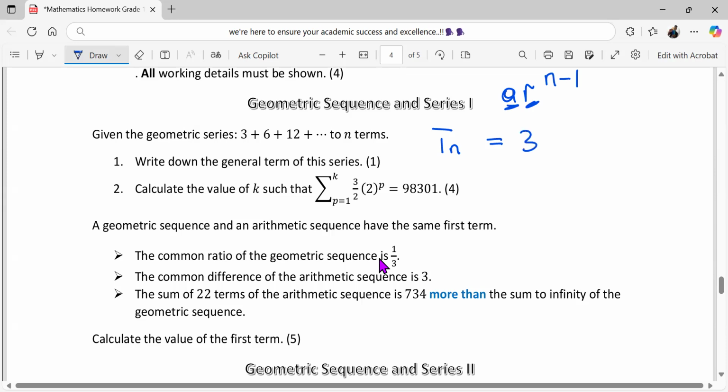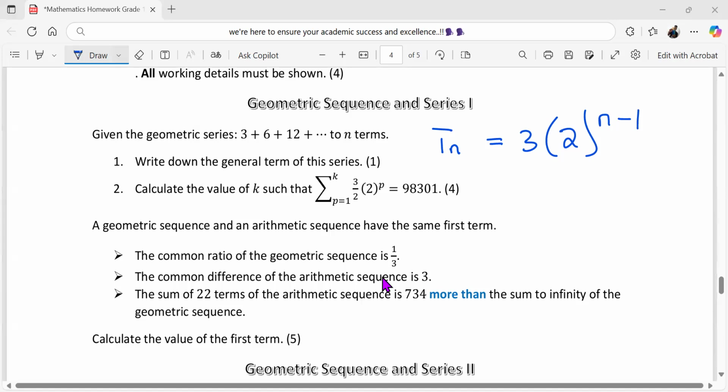So our a here is going to be 3, and our constant ratio, 6 divided by 3, that gives us a 2. 12 divided by 6, that is a 2 as well. And you just raise this to the n minus 1. So that's all you needed to do for the first term.